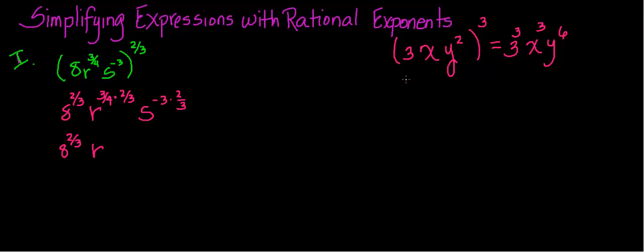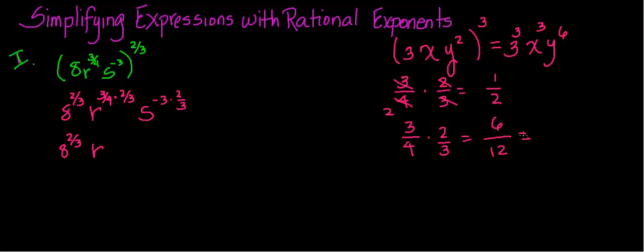If I work with this here on the side, I have 3/4 times 2/3. I can cancel 3 and 3 and 2 and 4, and I have a 2 here, and this becomes 1/2. Or you can multiply numerator times numerator, denominator times denominator, and then reduce, which is 1/2. Either way, you get the same result.